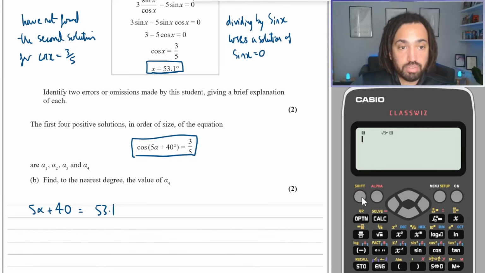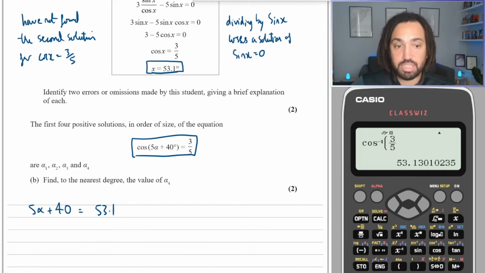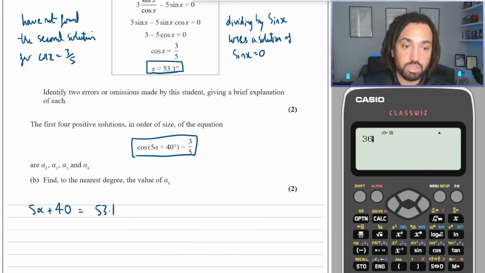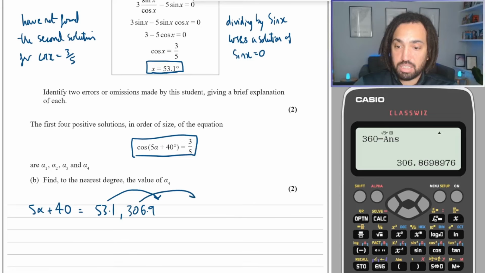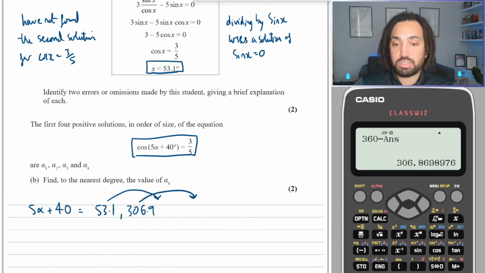So if I just do it in full, I would do cos to the minus 1 of 3 over 5. I would get this. And then my next solution for cos is always 360 minus. So this is my second solution. And then what I'm going to do is add 360 to each of these to get us the next set of solutions.